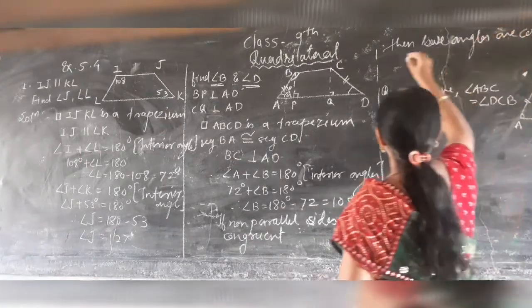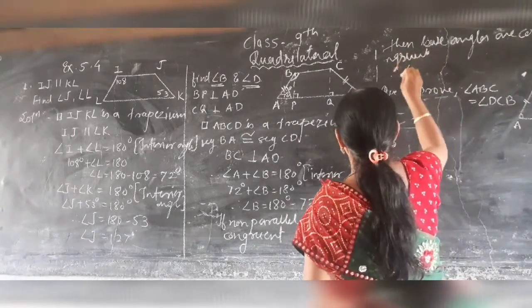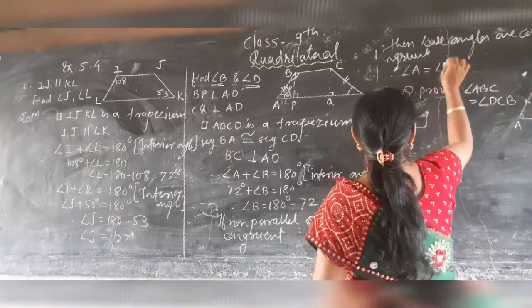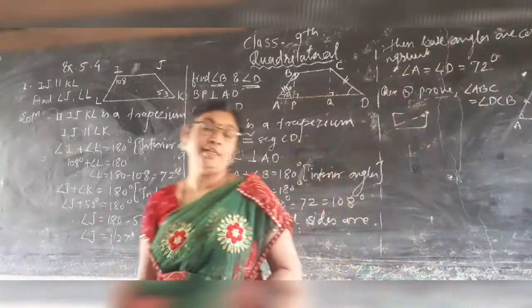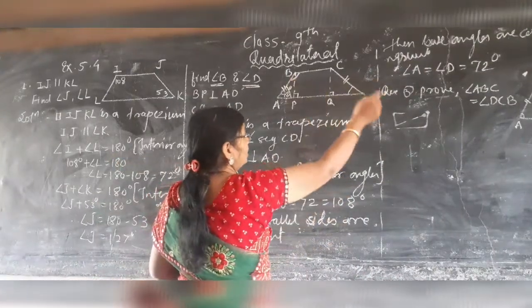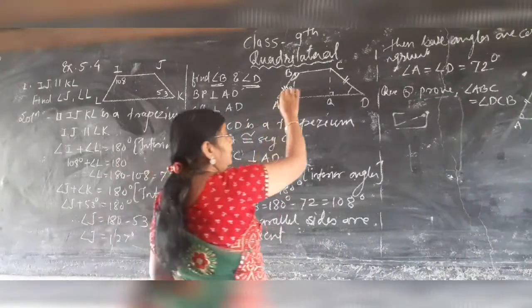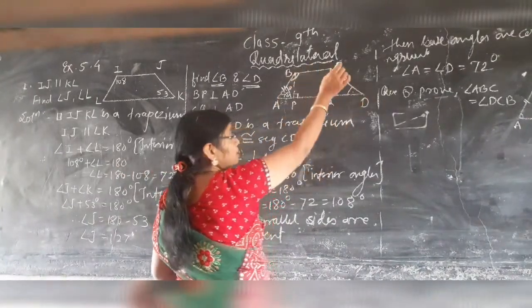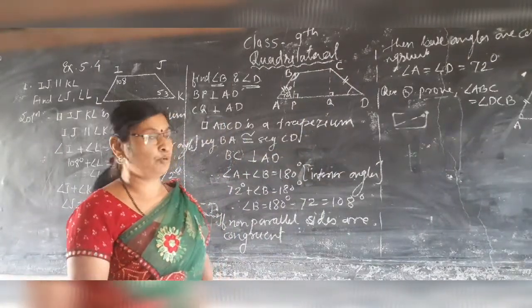Base angles are congruent. And therefore angle A is equal to angle D is equal to 72 degrees. Which property do you have to apply? If non-parallel sides are congruent, then base angles are congruent. And therefore angle A is congruent to angle D, angle B is congruent to angle C. Now let's start the third problem.